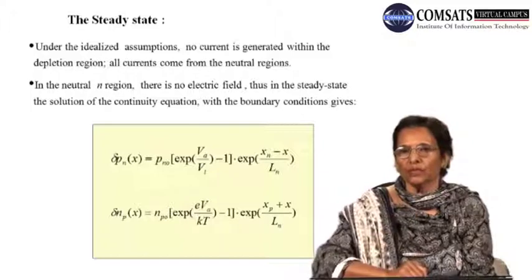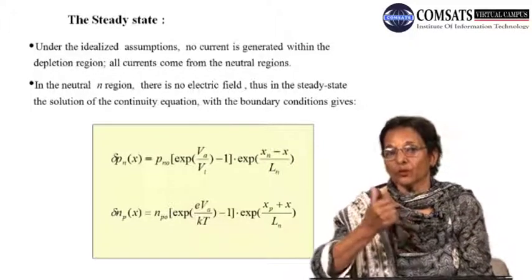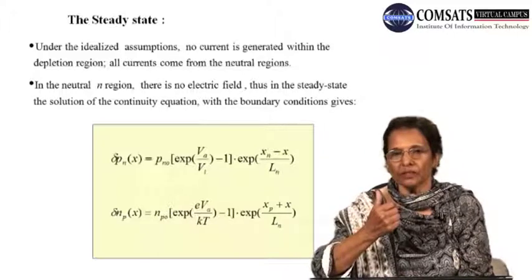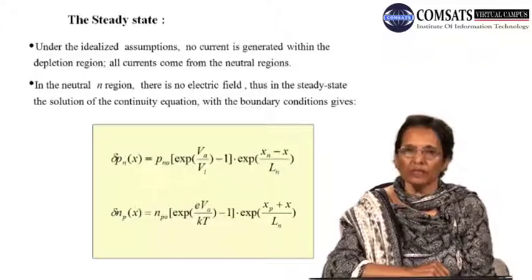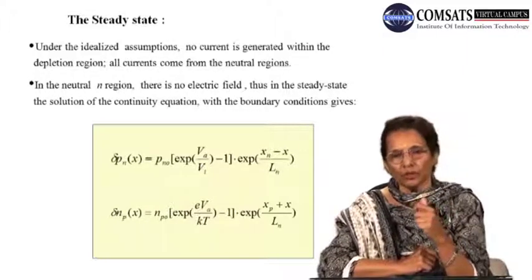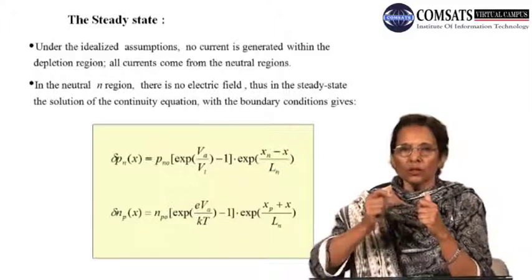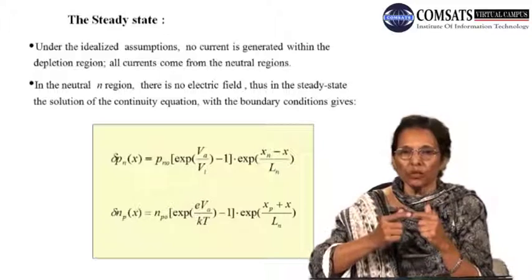While an injected electron diffuses into the P region, it encounters the holes which are present there, and they are majority carriers. So injected minority electrons now see holes present in the P region, and what will they do?